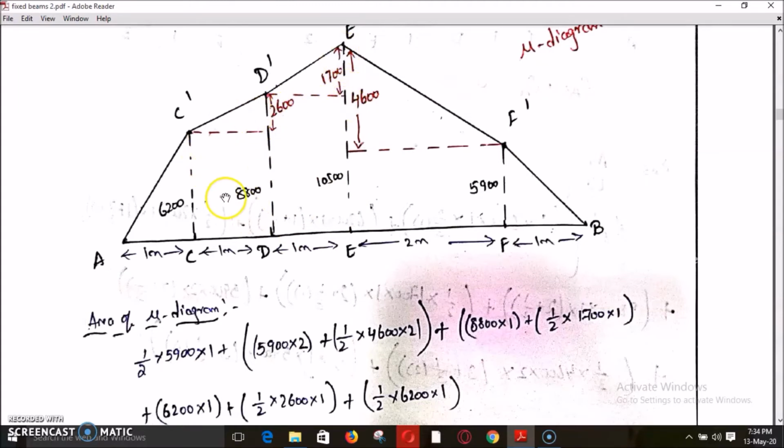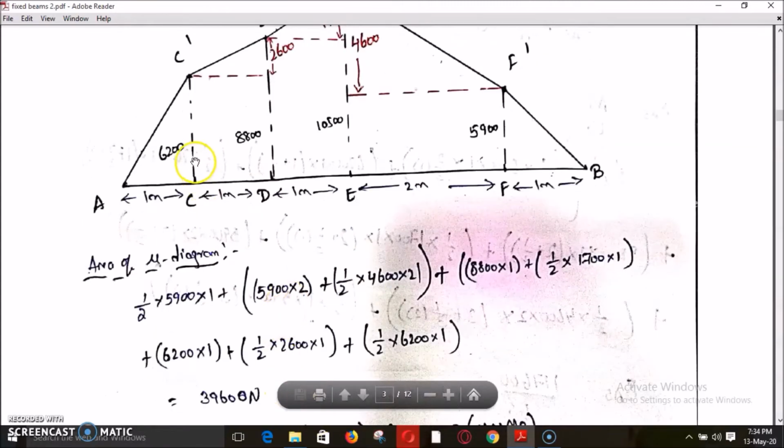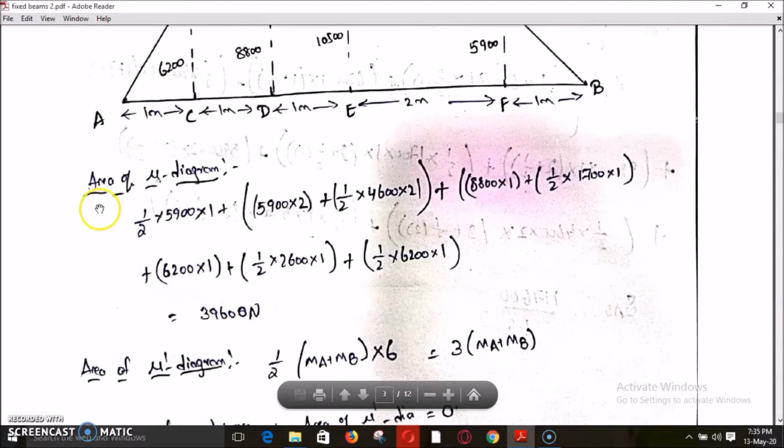For this rectangle it will be 6200 into 1, and for this triangle it will be half into base 1 into height 2600. Finally, this area is half into 6200 into 1, the area of triangle ACC dash. By calculating all these values and adding, I got the area of the mu diagram as 39600 newtons.